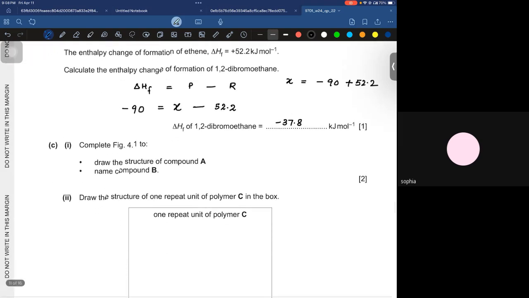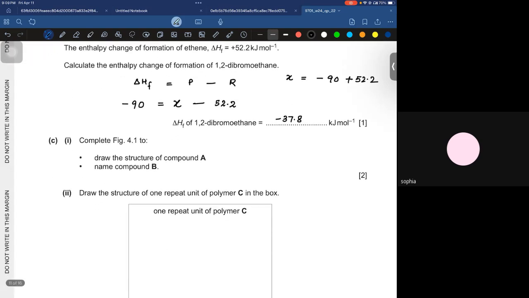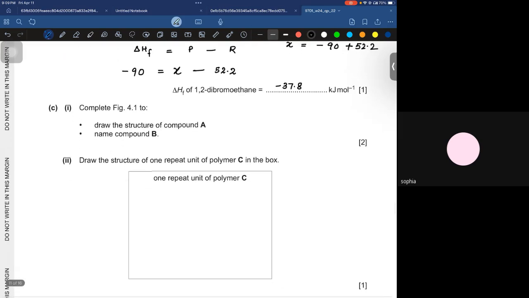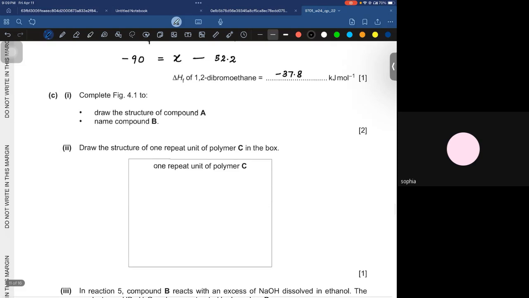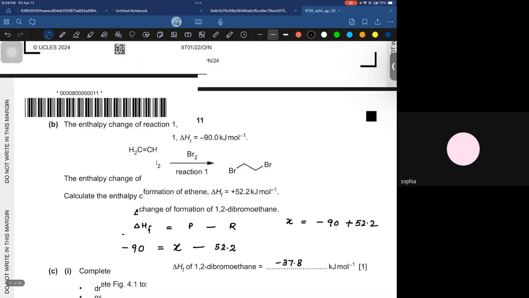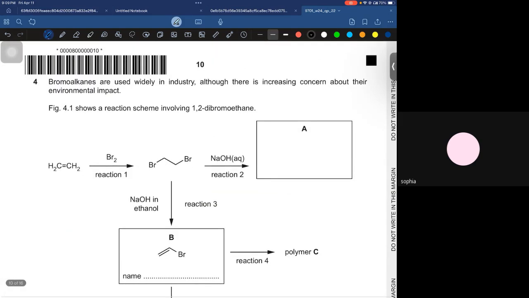Then see this question. Complete figure 4.1 to draw the structure of compound A and name compound B. So what is A? What do you think?